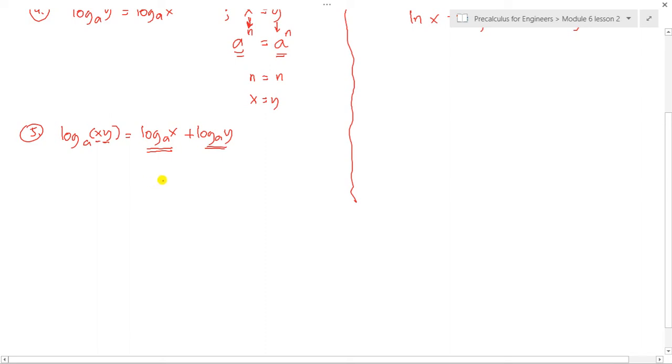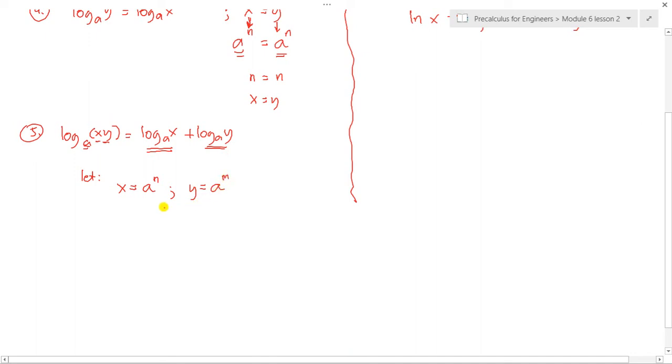So unsa man nato pag prove class? So let's say ang x is equal to base a, since di ba base man nila diri kay a, then raised to a certain exponent, let's say n lang, and then we also have another y is equal to a raised to m.